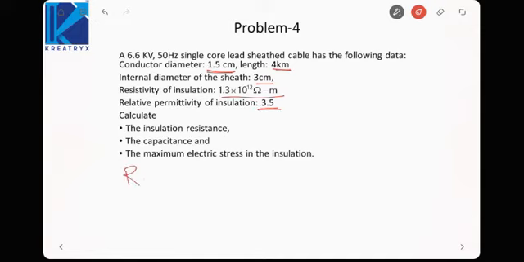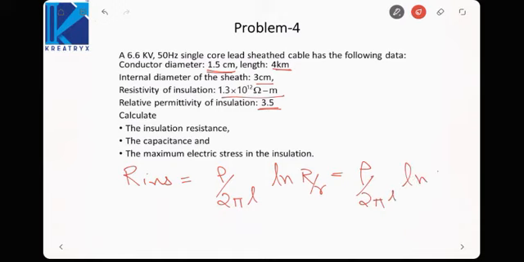Now insulation resistance in case of underground cable is rho by 2 pi L ln R by r, where R is the outer radius, small r is the inner radius. If we write it in terms of diameter, it will be D by d. Multiplying both these terms by 2, the formula will remain same.